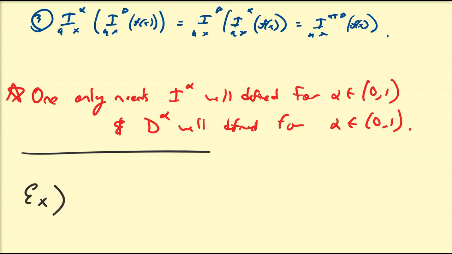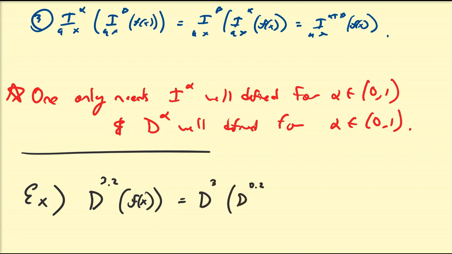So for example, let's assume we want the 3.2 derivative of some function f(x), and we can define D to be, say, the Grunwald-Letnikov derivative. So we can rewrite this as D^3 of D^0.2 of f(x).